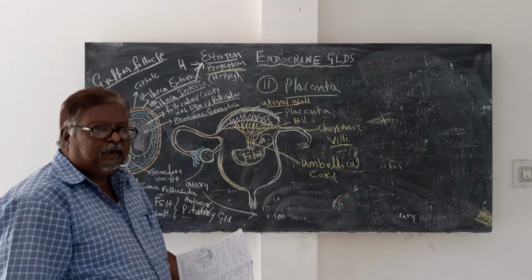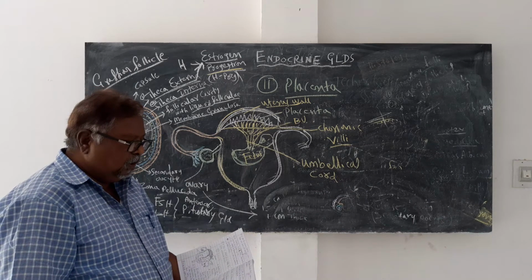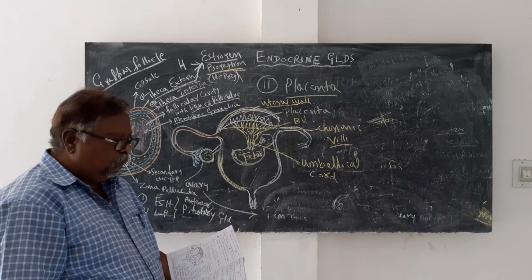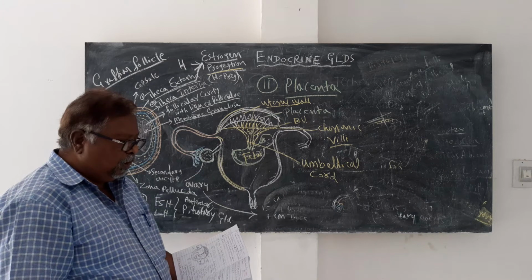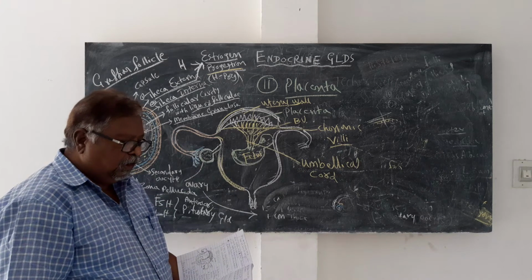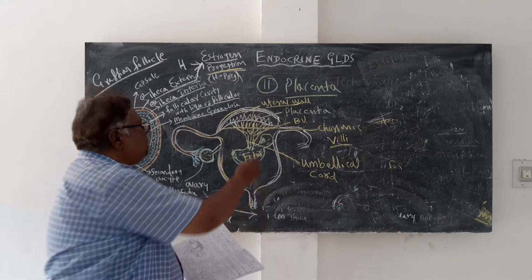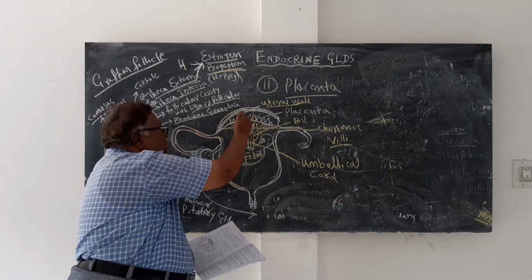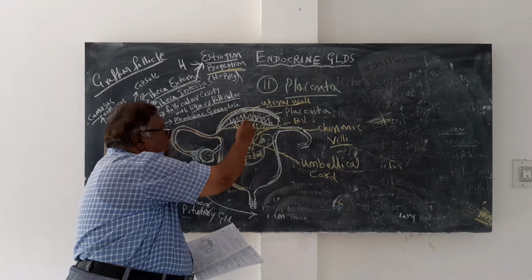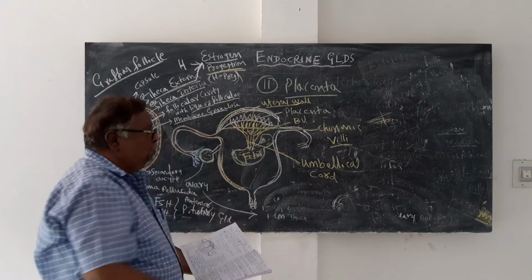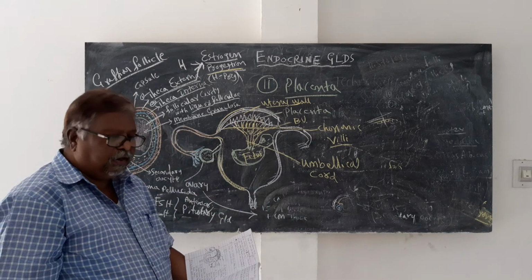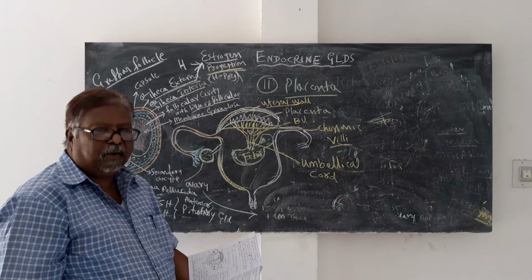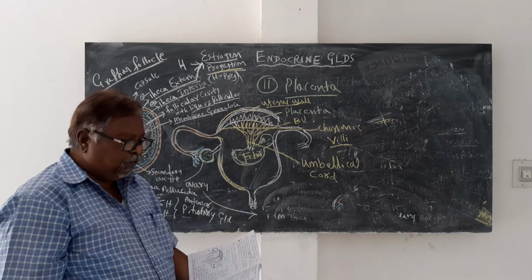The placenta is a union of the chorionic villi of the fetus and uterine tissue. This is the uterine tissue, and this is the chorionic villi. They fuse together to form the placenta. I have already told you the placenta is a connecting link between the fetus and the mother.